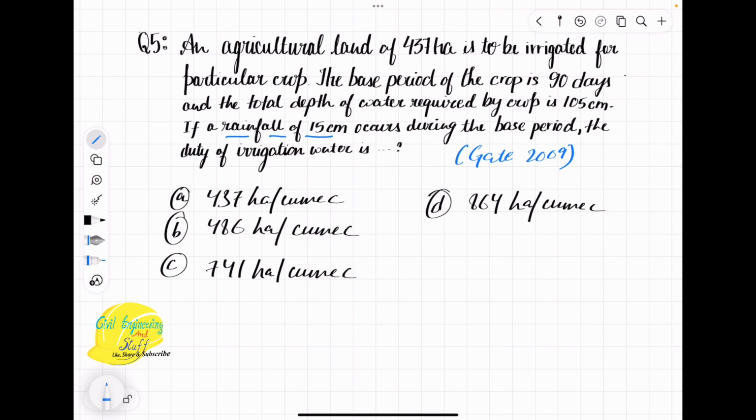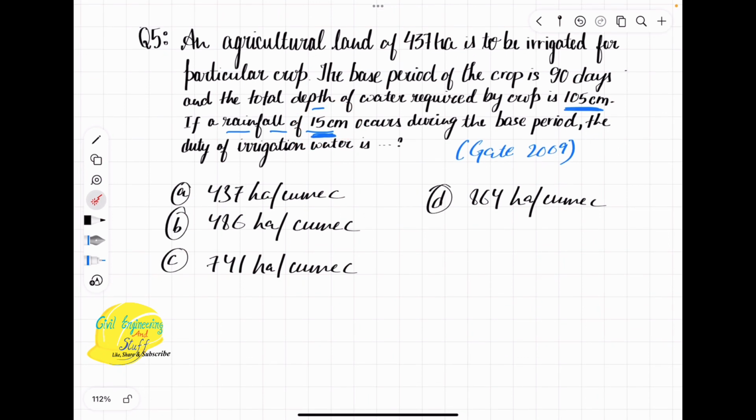So first let's try with the assumption that none of the 105 centimeters depth of water is being fulfilled from this 15 centimeters of rainfall. We'll try and solve this question like that.